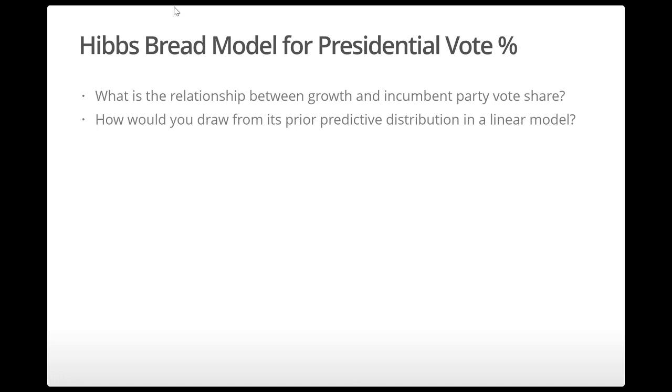Anyway, what seems like a reasonable value for sigma in this context? So given growth, what would you expect for the standard deviation of the error in each election for president?